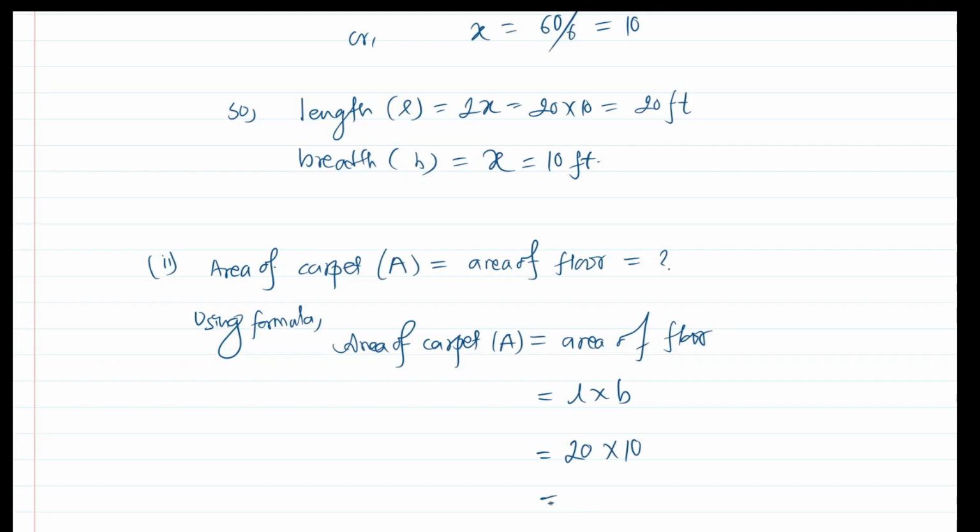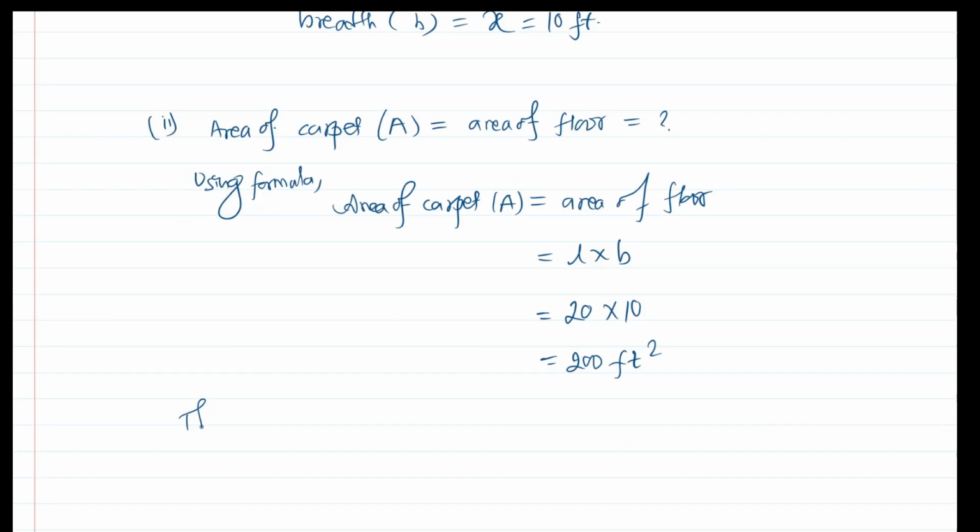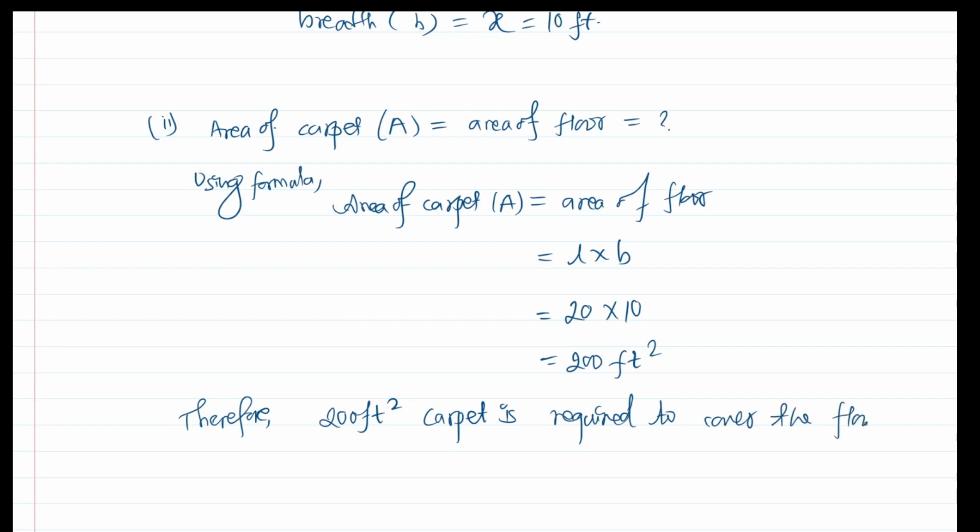That means this will be equal to 200 feet squared. So therefore 200 feet squared of carpet is required to cover the floor of the room completely.